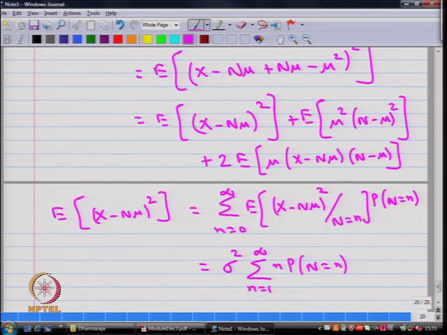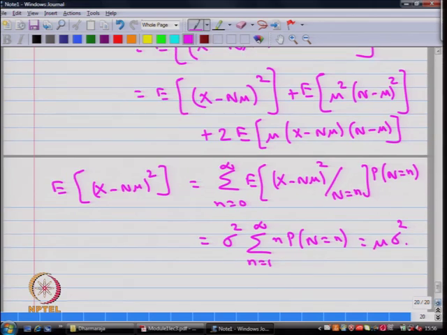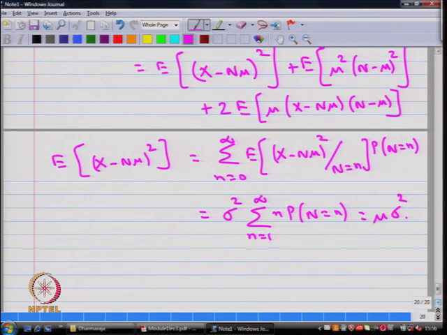That is same as the summation n times p n is same as the mean, that is mu, therefore, this becomes mu times sigma square. Even though I have skipped 1 or 2 steps, one can get sigma square summation n times p n, that is same as mu, therefore, it is mu sigma square.